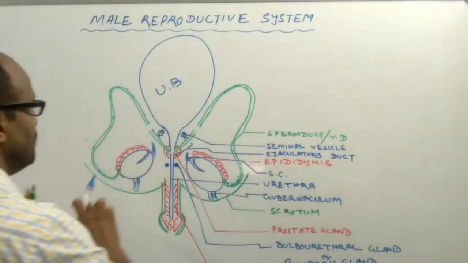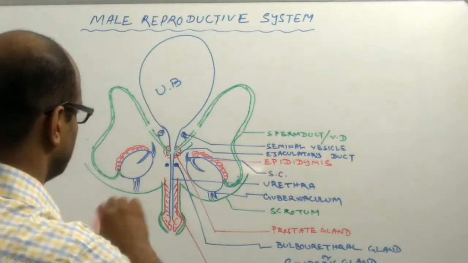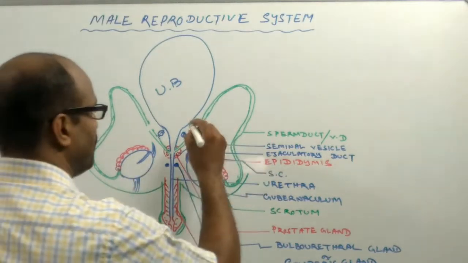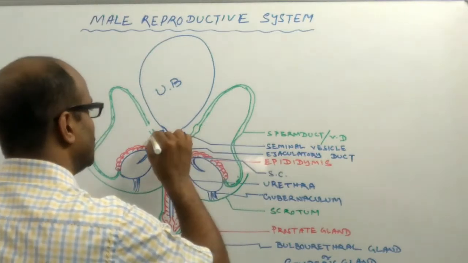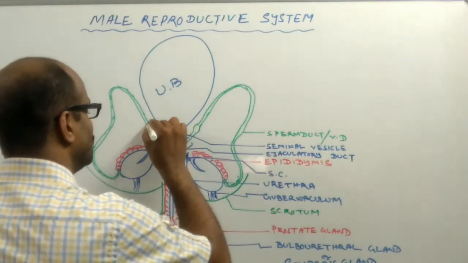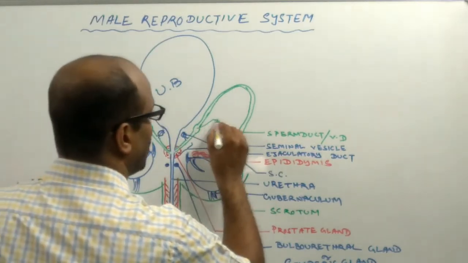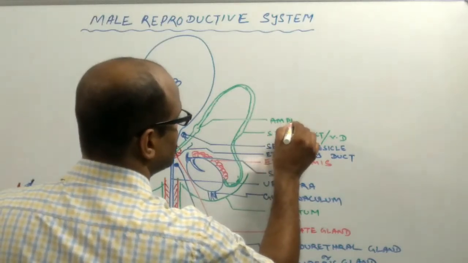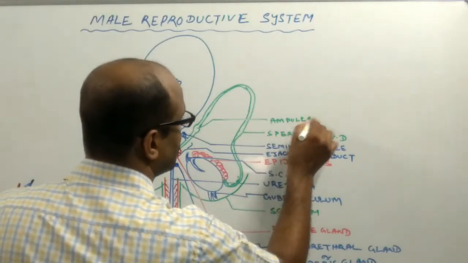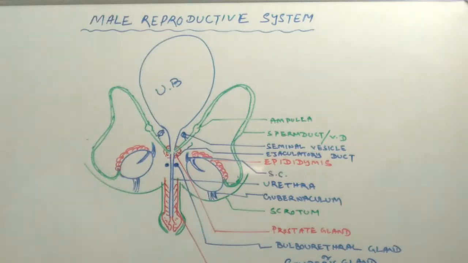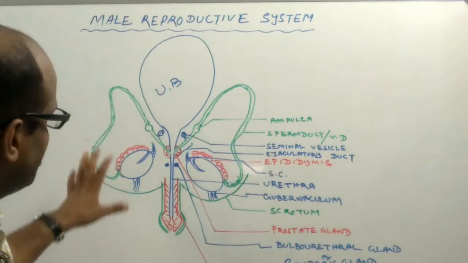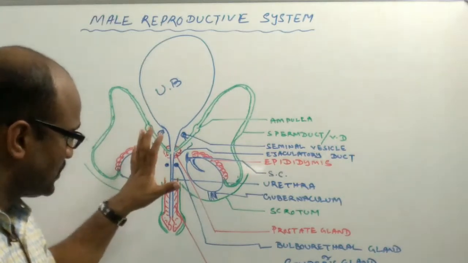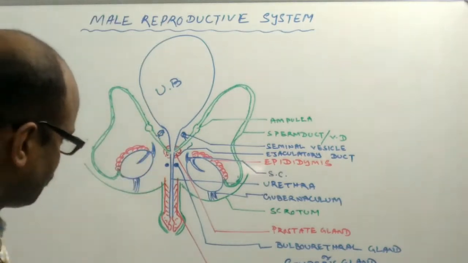And before receiving the seminal vesicle, the sperm duct swells, and this portion is known as the ampulla. So this is the complete structure of the male reproductive system and the arrangement of primary and secondary organs as well as the glands, how they are arranged.